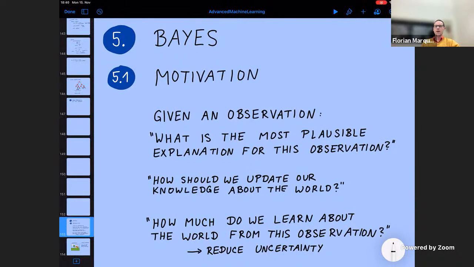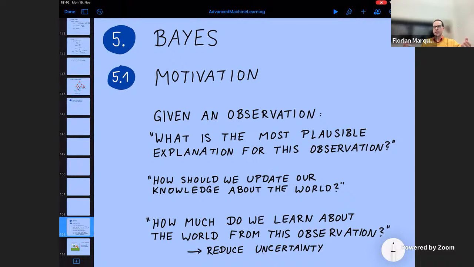Also, once you make the observation, you have learned something. So you could say, how should I update my knowledge about the world given this observation? Is there a systematic way to update my knowledge? And then even more specifically, you could say, well, how much have I learned about the world from this observation? And you could say, well, in a sense, previously I was very unclear about what state the world is in.